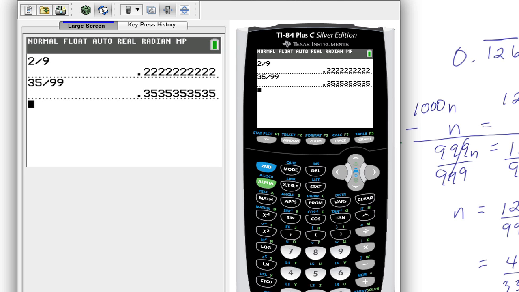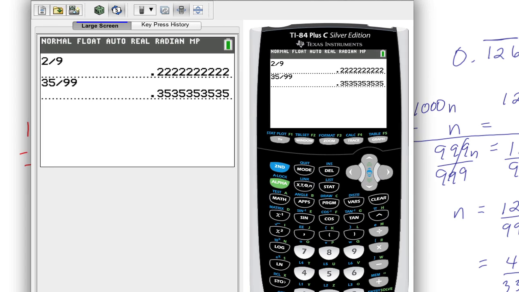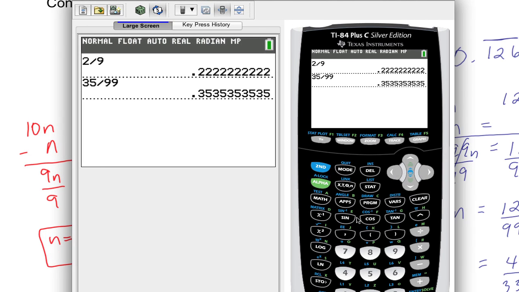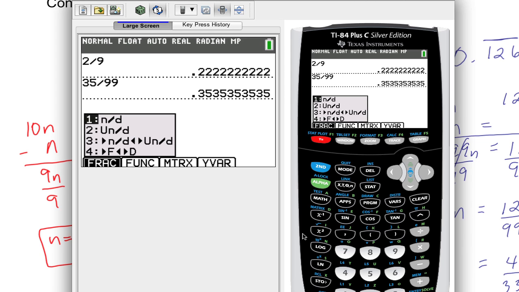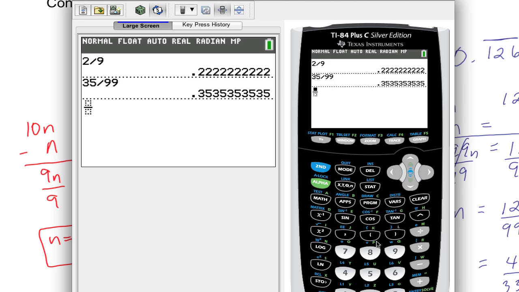And we see that gave us the repeating 35. And then let's do the last one, which is 14 over 111. Let's do alpha and y equals. We want the first option just to be different here. The numerator is 14. The denominator is 111.